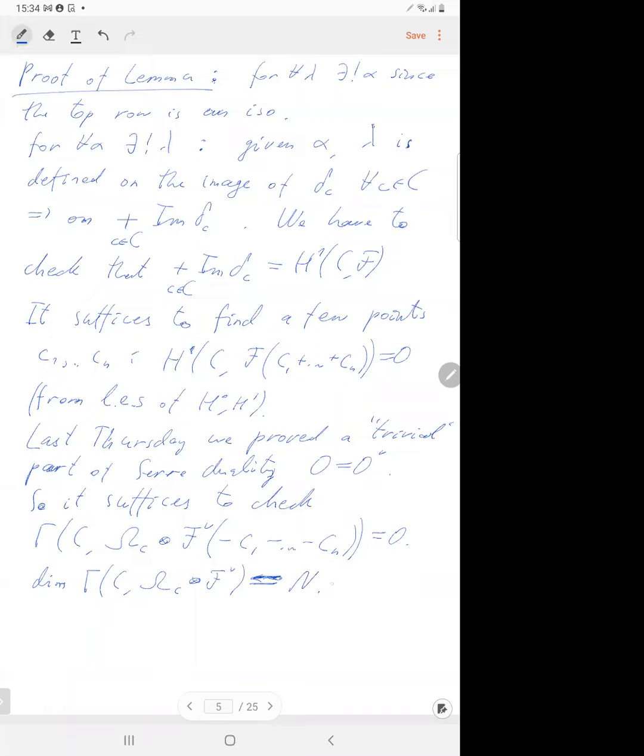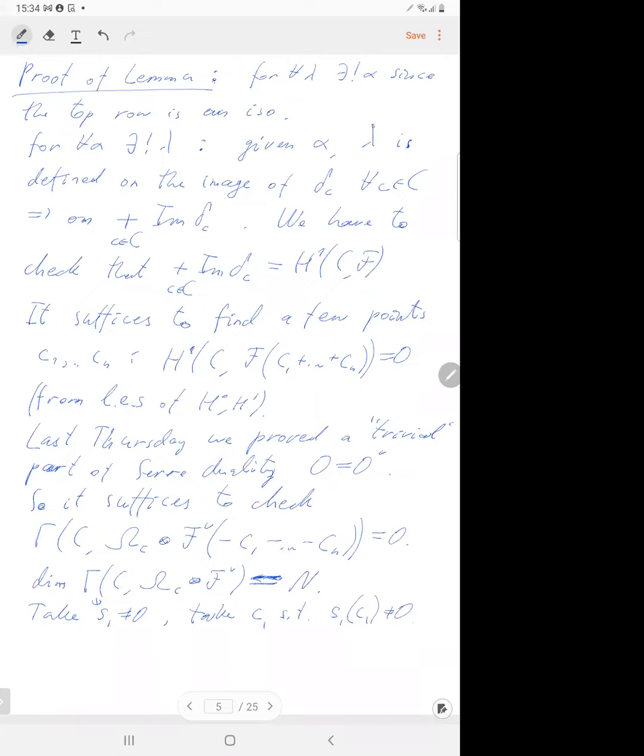So take a section S1 in here, then it's not 0, so take a point C1 such that the value of S1 at this point is not 0.